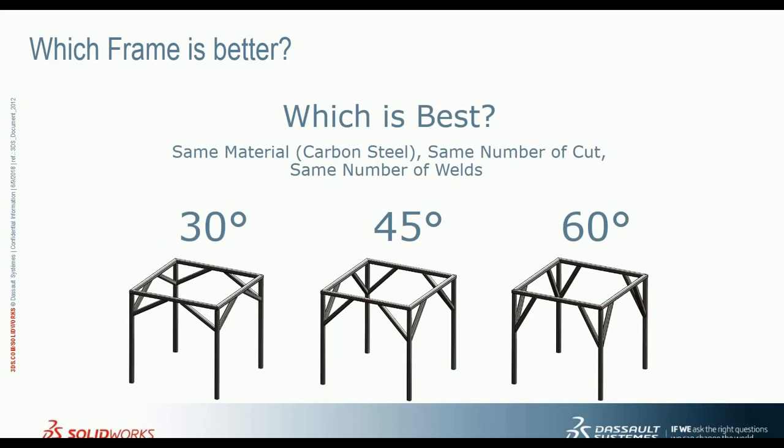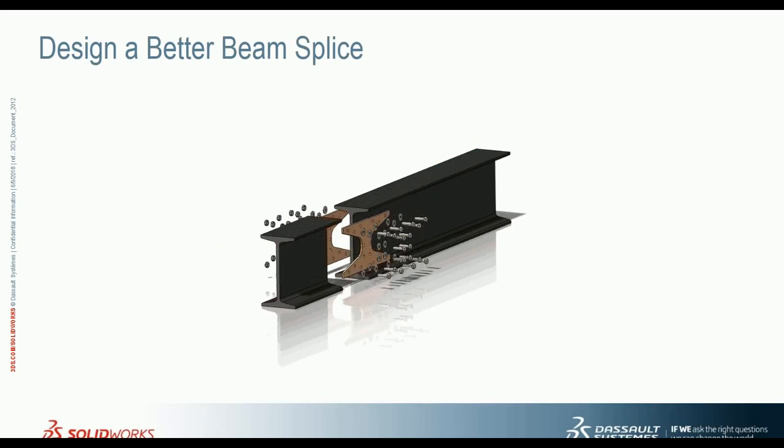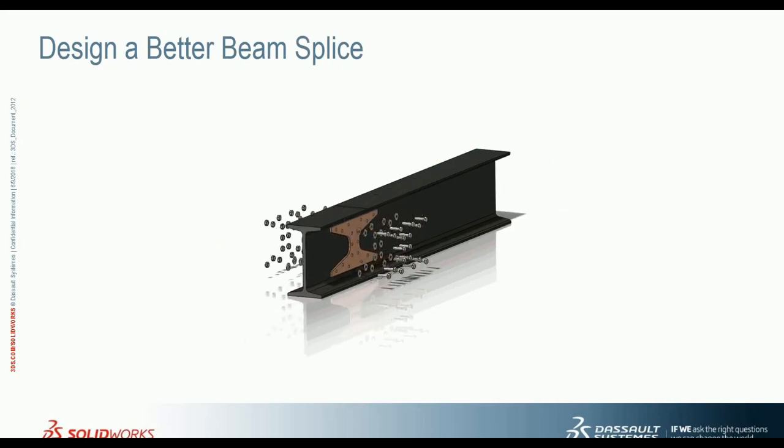For example, 30-degree, 45 or 60-degree, for the same material and the same number of welds. And the next model, the beam splice: how many bolts should I use to withstand a consistent load for these two splices?